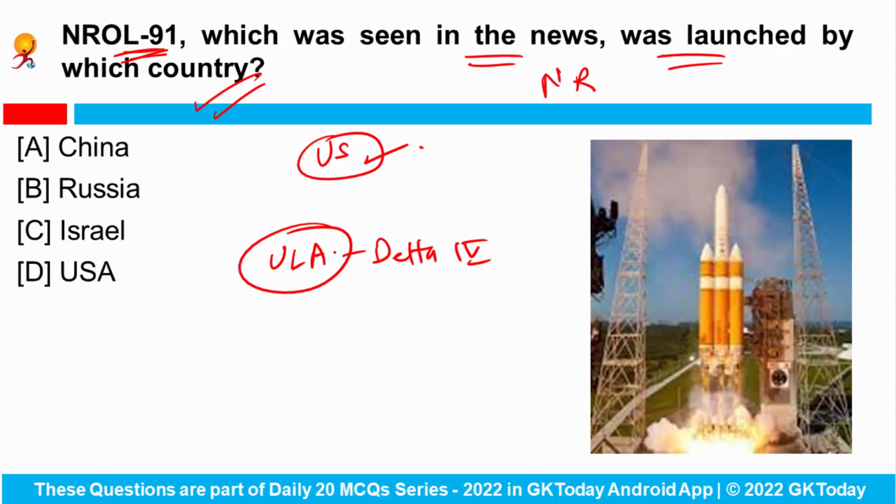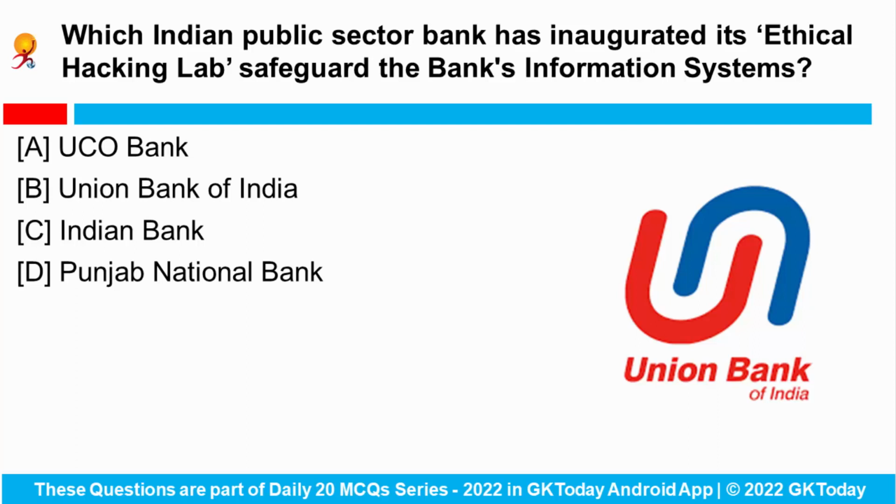The National Reconnaissance Office is the agency of the US Department of Defense which designs, builds, launches and operates the reconnaissance satellites of the country. So NROL-91 is a spy satellite of which country? Answer would be USA.